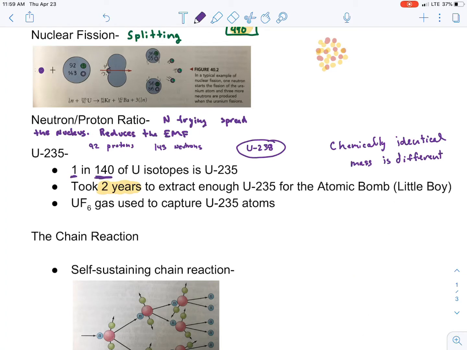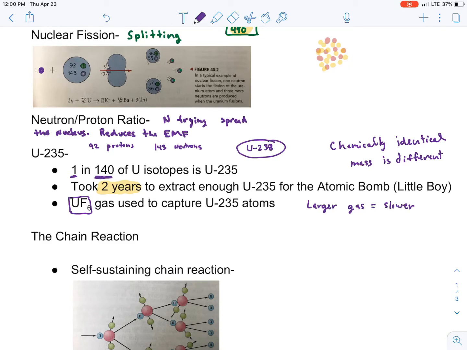Now, the way they did this is through gas diffusion. Uranium hexafluoride, which is this crazy thing right here, is a gas. And remember this, the larger the gas molecule, the slower it is.